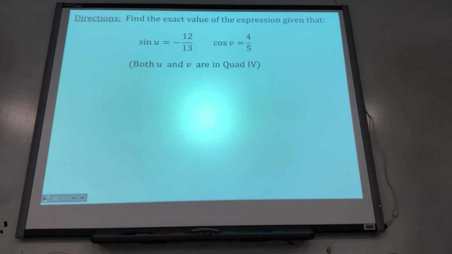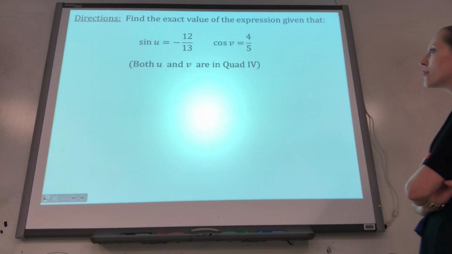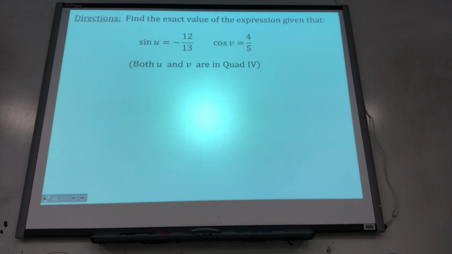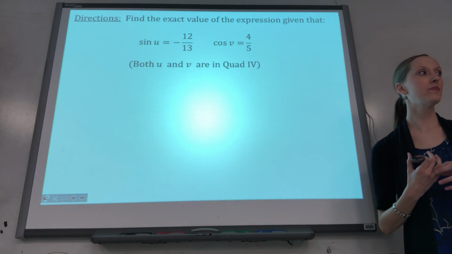And there's something else that's kind of nice here. They're telling us that both u and v are in quadrant 4. U and v are just two different angles, but both of those angles are in quad 4.